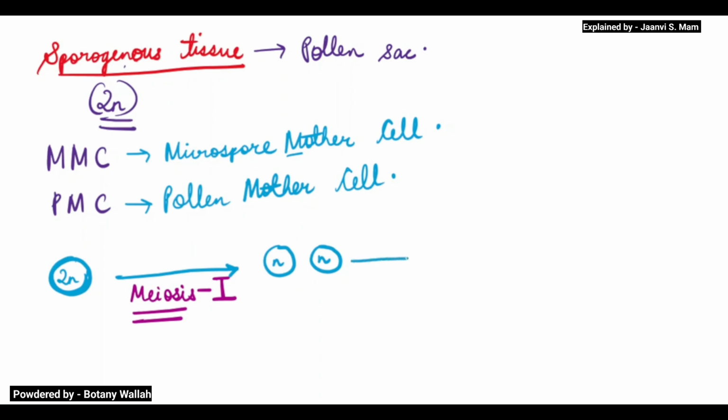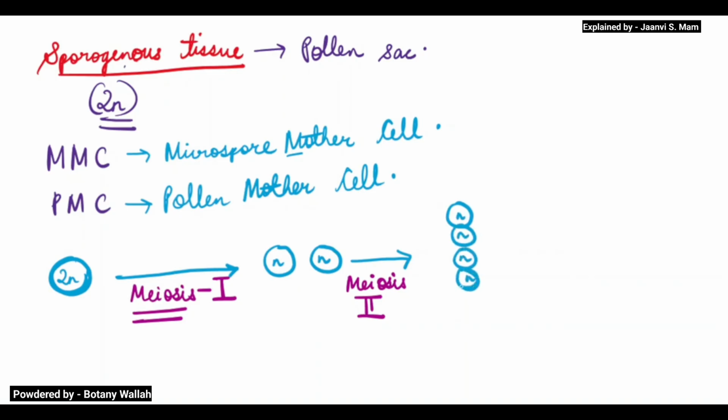These two will again undergo meiosis 2. So you will get 4 cells. How many cells will you get? Total you will get 4 cells.